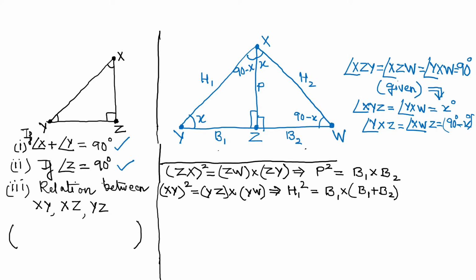So the third conclusion that you can have from here is, can we say that XW whole square, that is from the third equation that we are having this conclusion, will be equal to WZ into WY, which is just like saying h2 whole square will be equal to b2 into b1 plus b2.